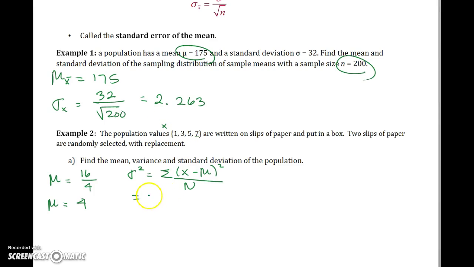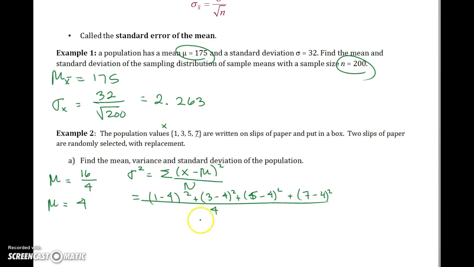So for the first number, it's going to be 1 minus the mean, which is 4, squared, plus the next number, 3 minus the mean, which is 4, squared, plus 5 minus 4 squared, and then plus 7 minus 4 squared, and all of that is going to be divided by n, the number of numbers, which is going to be 4.